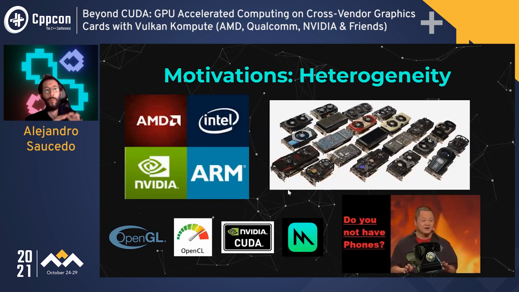Now, with that intuition, what we do know as well is that when it comes to graphics cards, there is a very large heterogeneity in the vendors, in the providers, in the platforms, in the ecosystems where we are able to find these components, right?